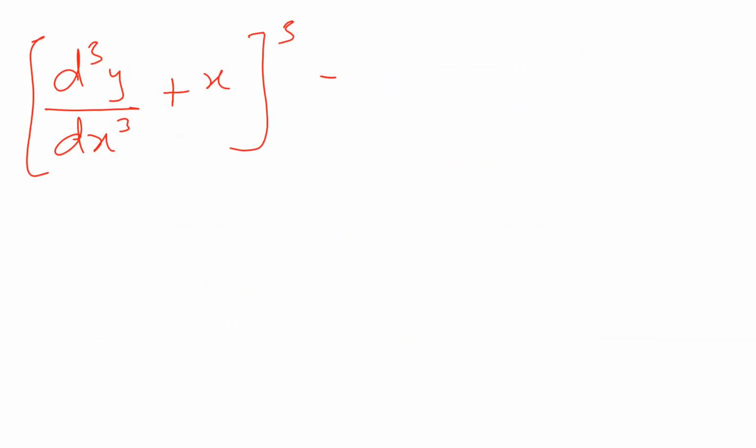So d cube y upon dx cube plus x, the whole raised to 3 by 2, is equal to d square y by dx square, right? Now see, this also has a fractional index, so we have to eliminate this too.